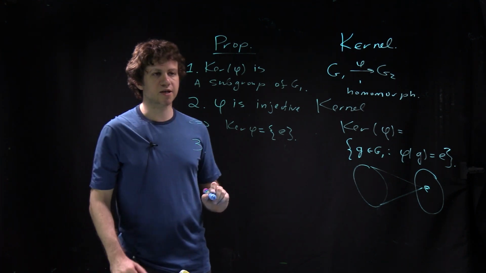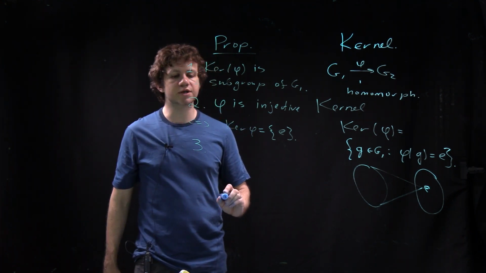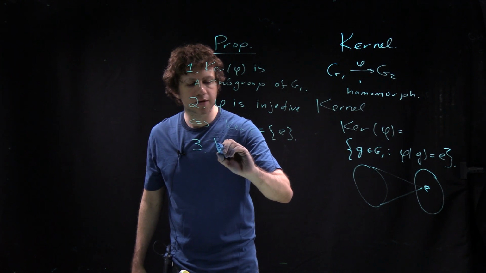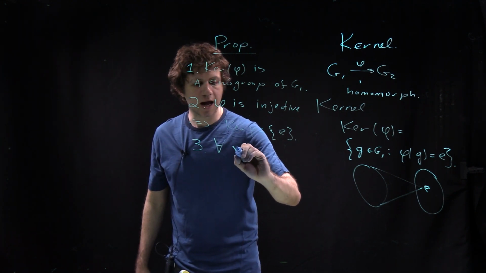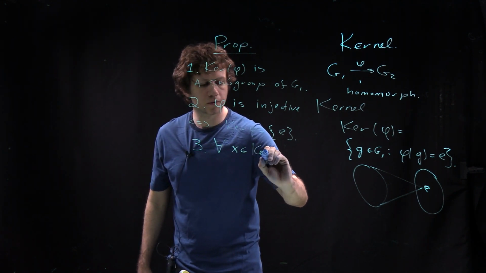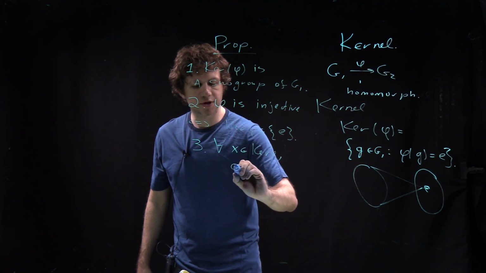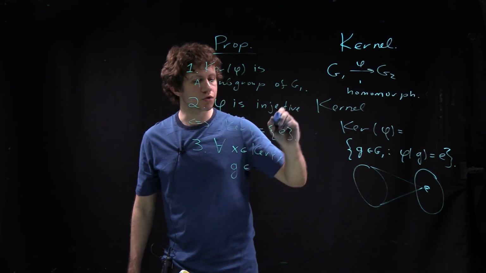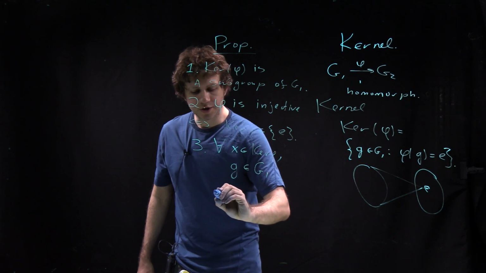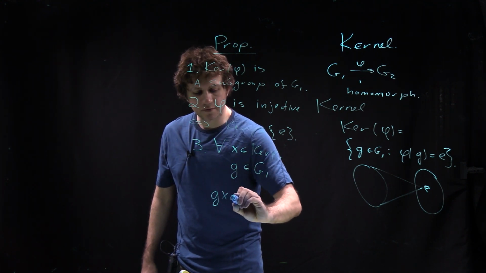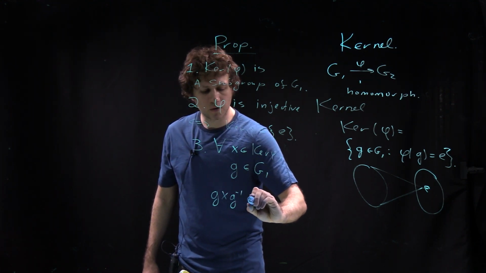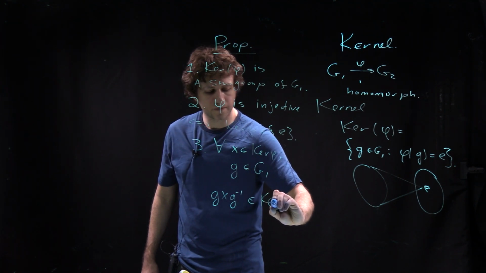The last one is maybe a little bit more interesting. For every element X inside the kernel and every element G inside the group, G X G inverse is also inside the kernel.